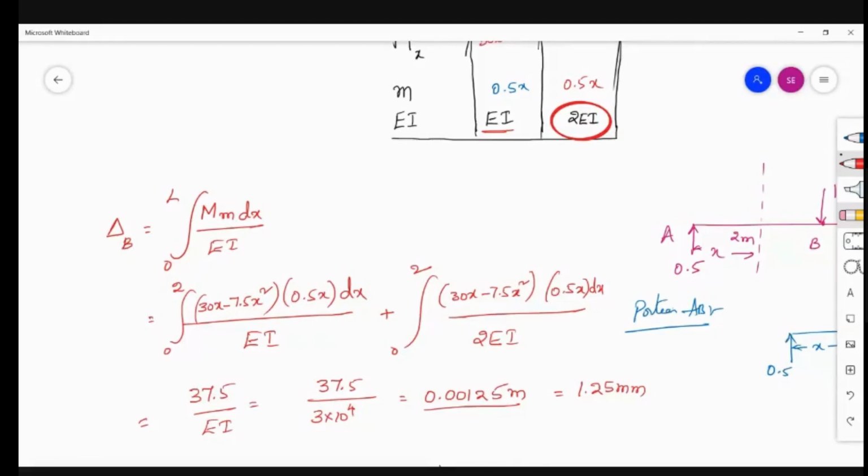So due to the application of the unit load, that is UDL 15 kilonewtons per meter, the deflection is 1.25 mm. This is how we will solve as per unit load method.